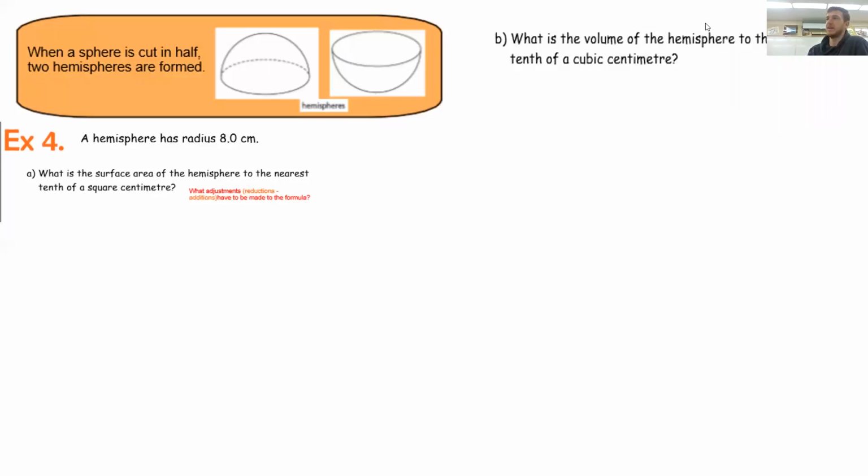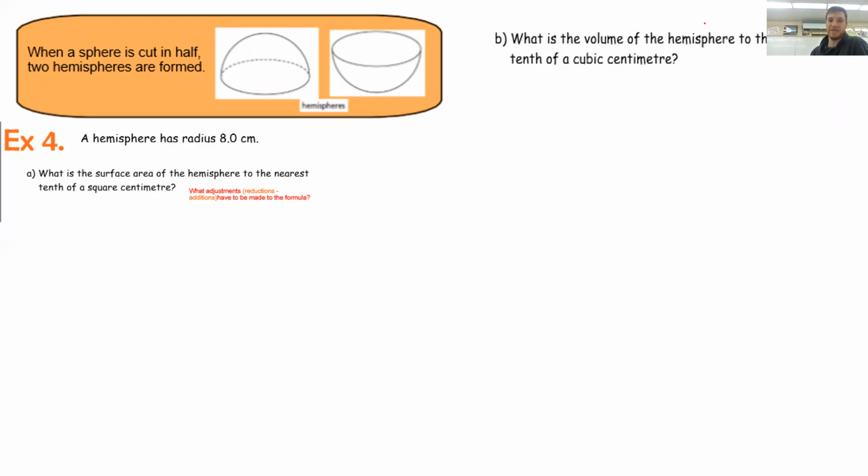How about that? So a hemisphere is a sphere cut in half. So if we're only given the volume of a sphere on our formula sheet, if you cut something in half, what does that mean you do in math terms?